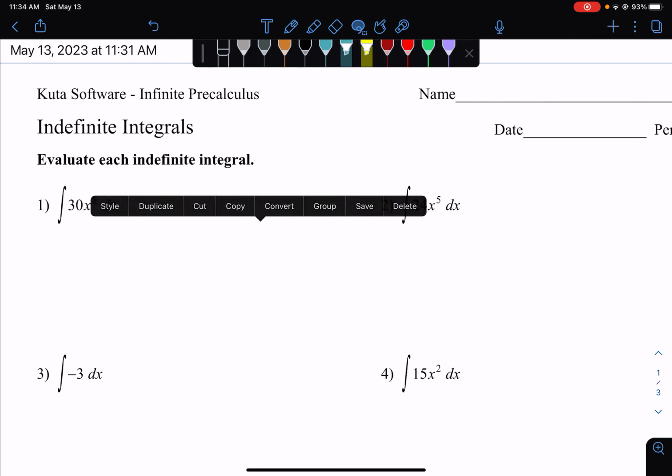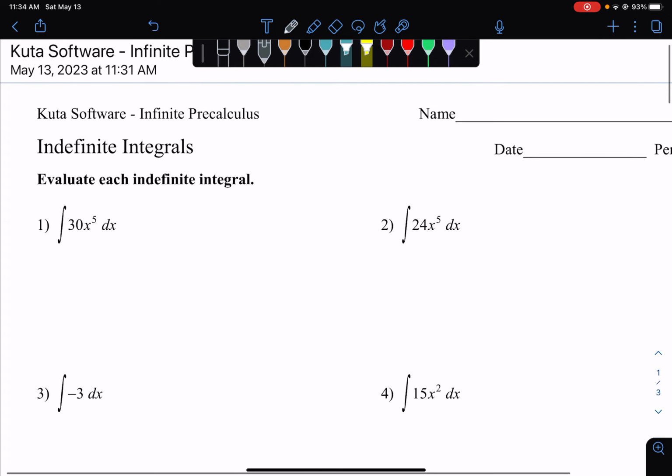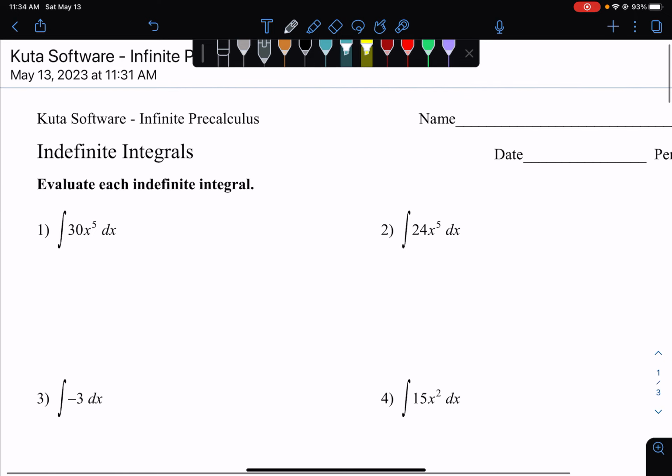But in this lesson, evaluating indefinite integrals, we use certain rules. This is the power rule.